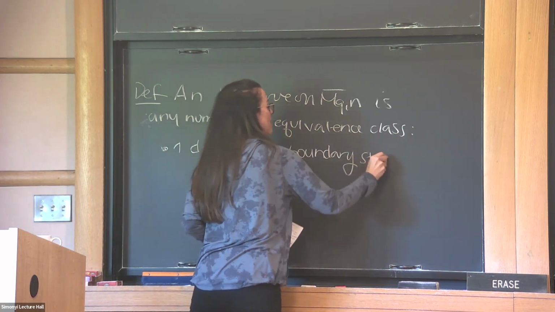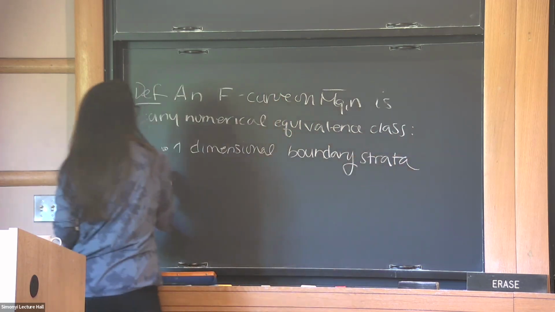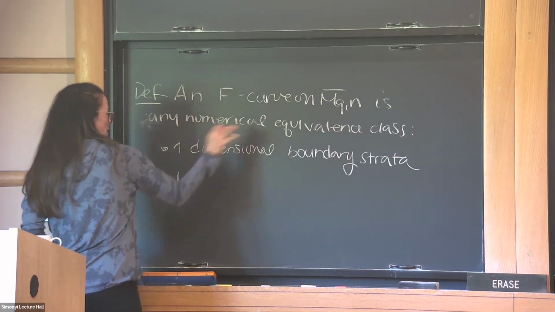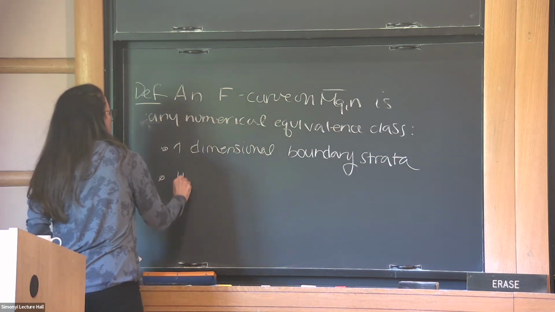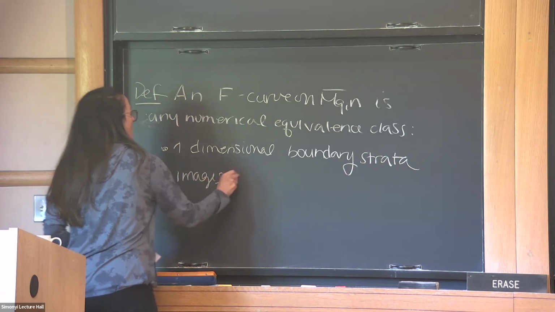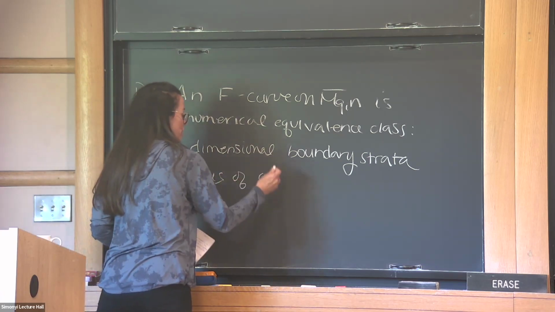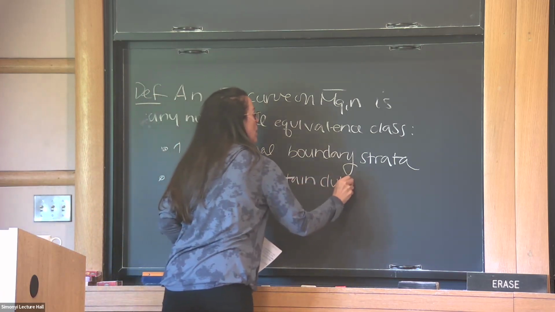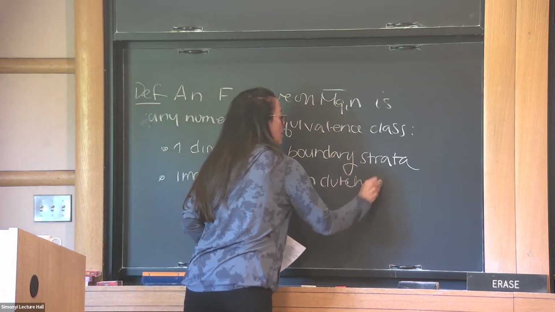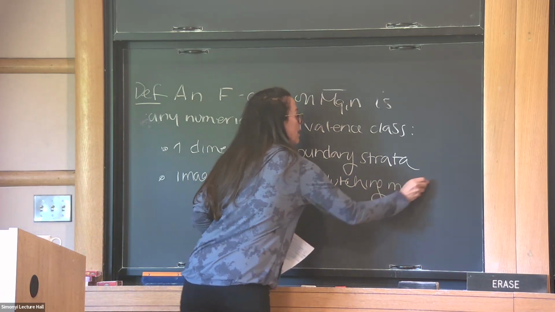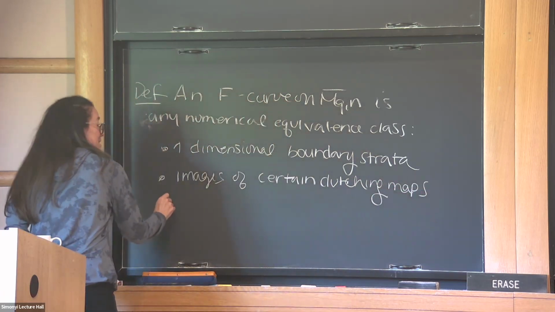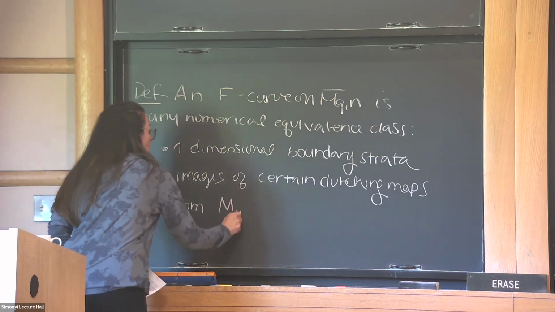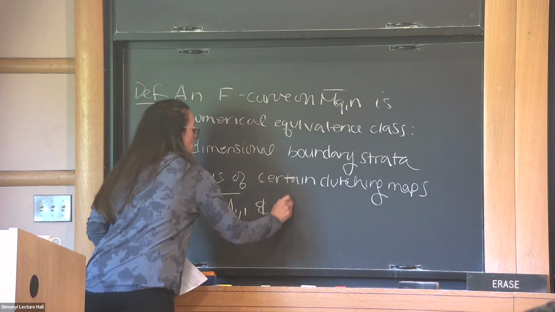I'm going to do lots of examples, or we could restate this as numerical equivalence classes of images of certain clutching maps, which I'll show you, from the one-dimensional moduli spaces, M_{1,1} bar and M_{0,4} bar.